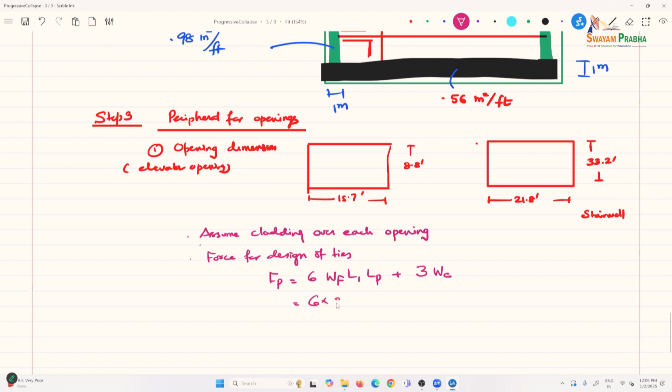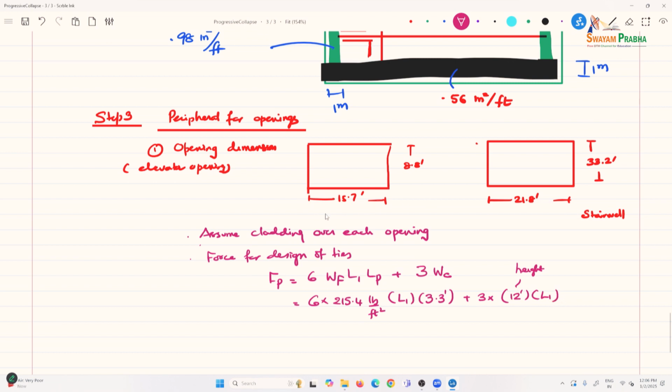So, 6 times 215.4 times L1 multiplied by 3.3 feet, plus 3 times the cladding, this is 12 feet height, multiplied by L1.